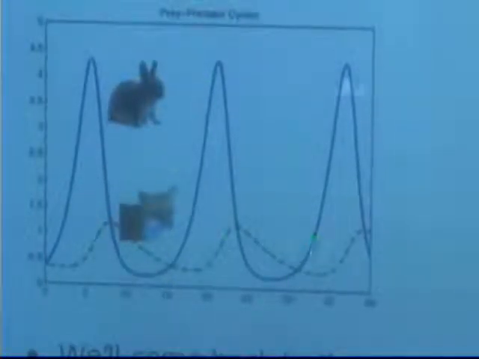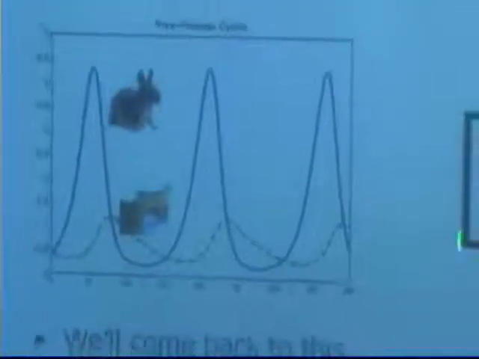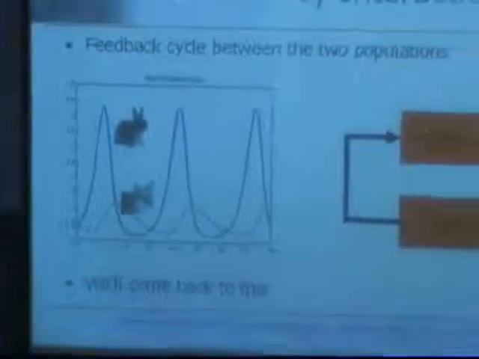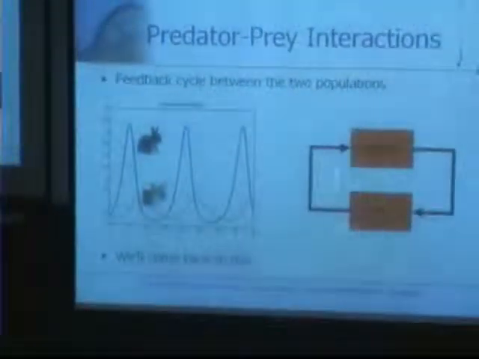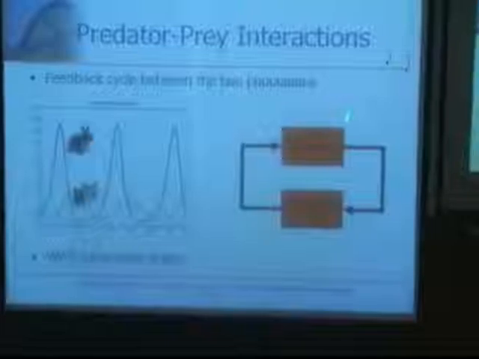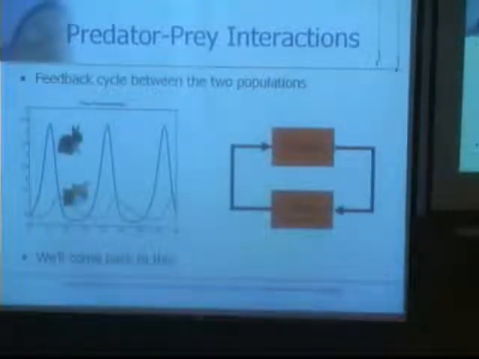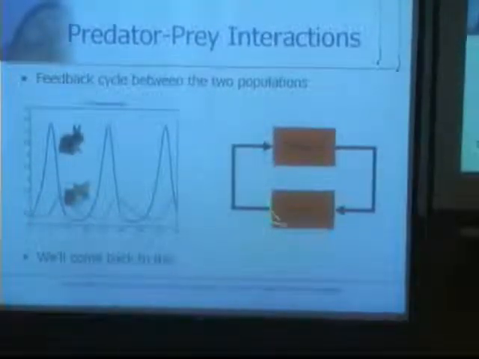And I have this sort of periodicity, where my predators are eating all the prey, so the prey die off, so the predators die off. If there are fewer predators, the prey increases, which causes my predators, or my foxes here, to expand their population. And you keep going round and round.